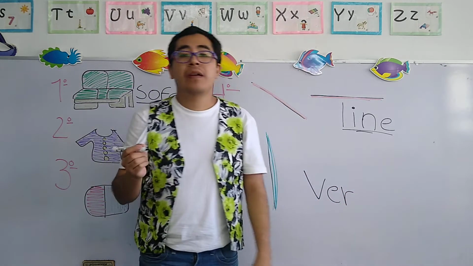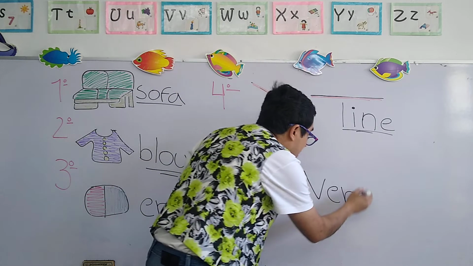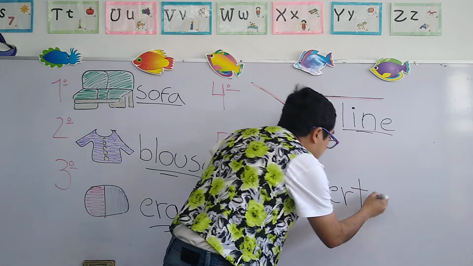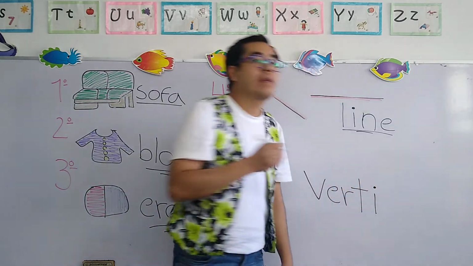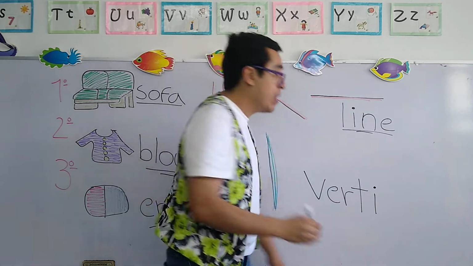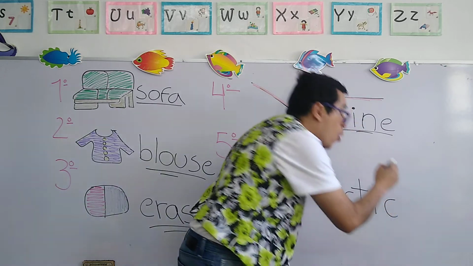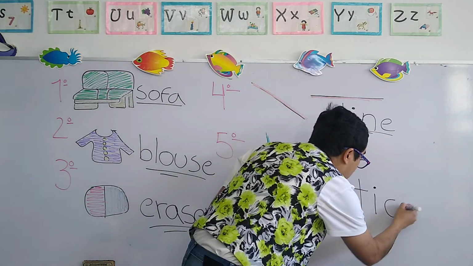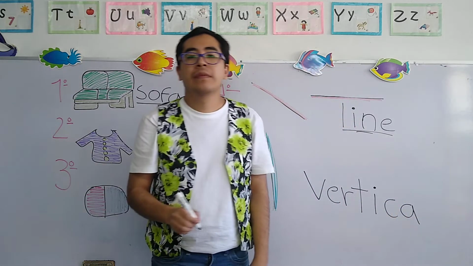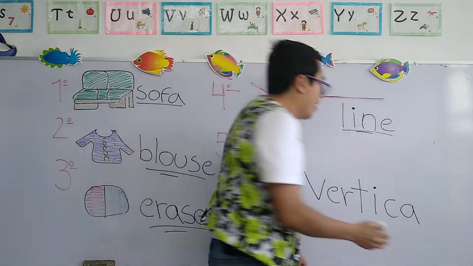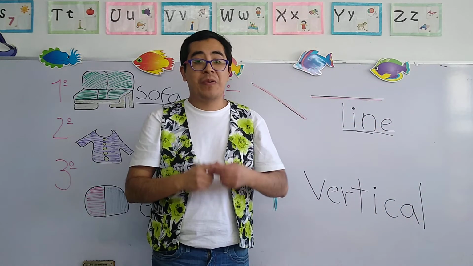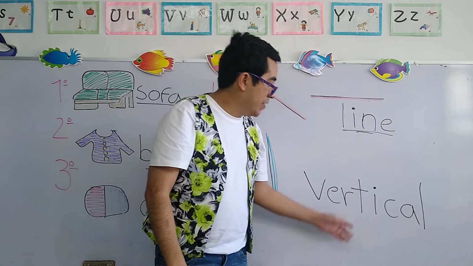Continue. Letter T of tomato. Letter I of Indian. Letter C of clown, of coin. Letter A of apple. Letter L of lemon, of lily. So we have the word vertical.